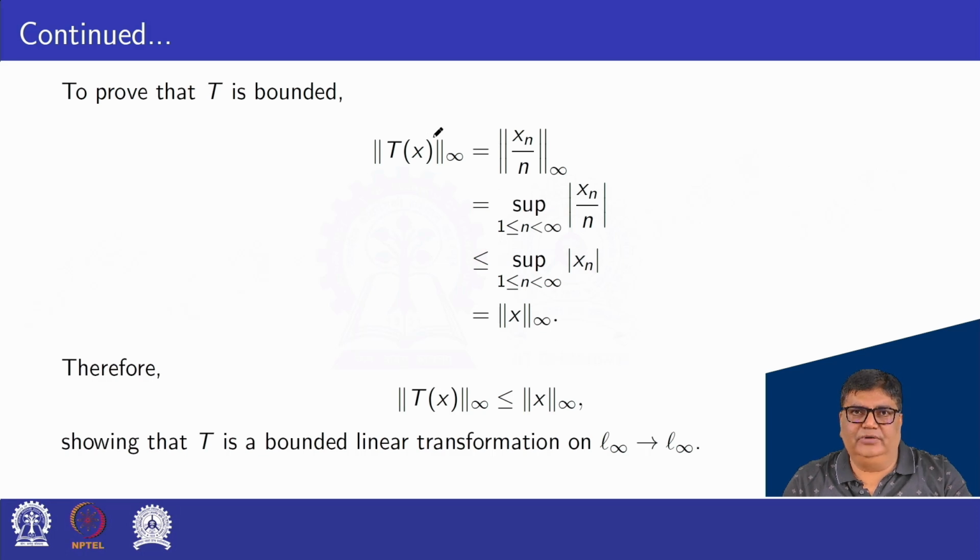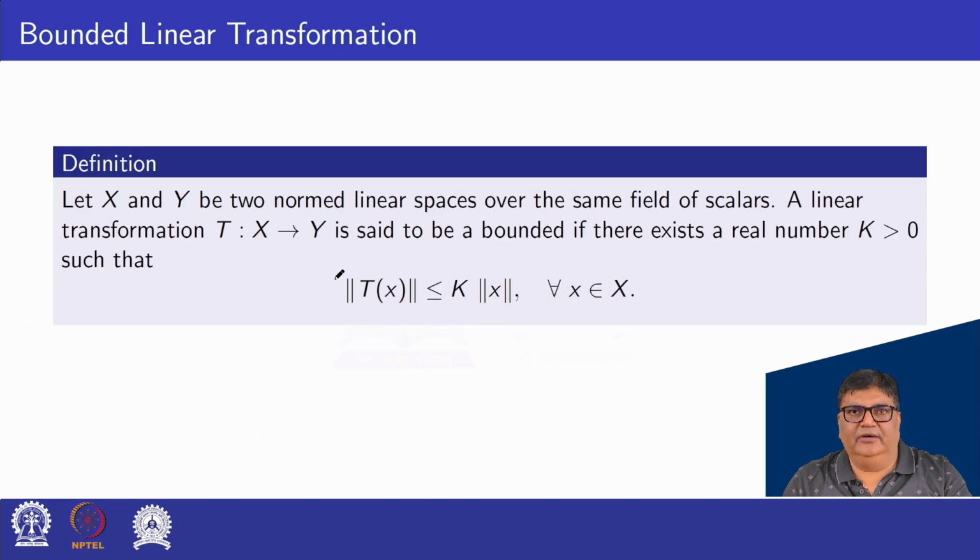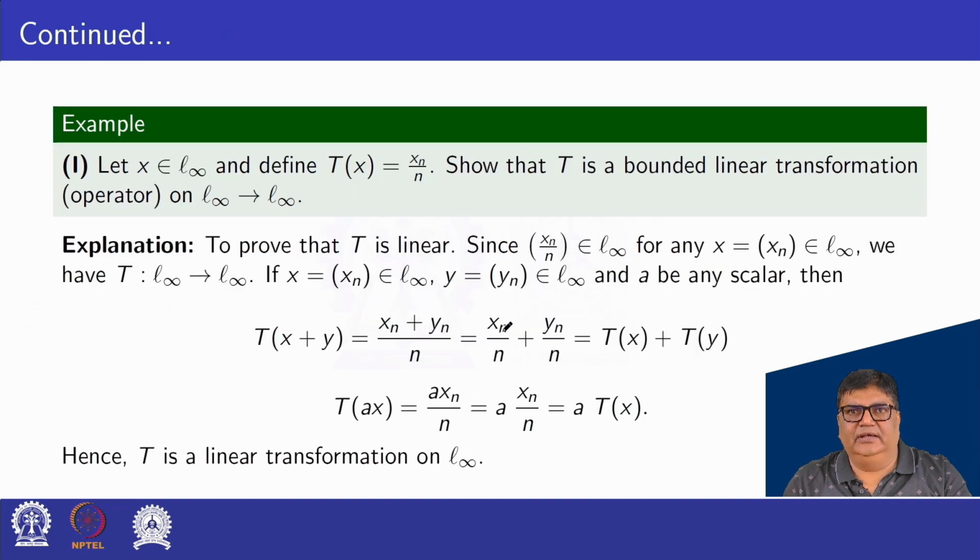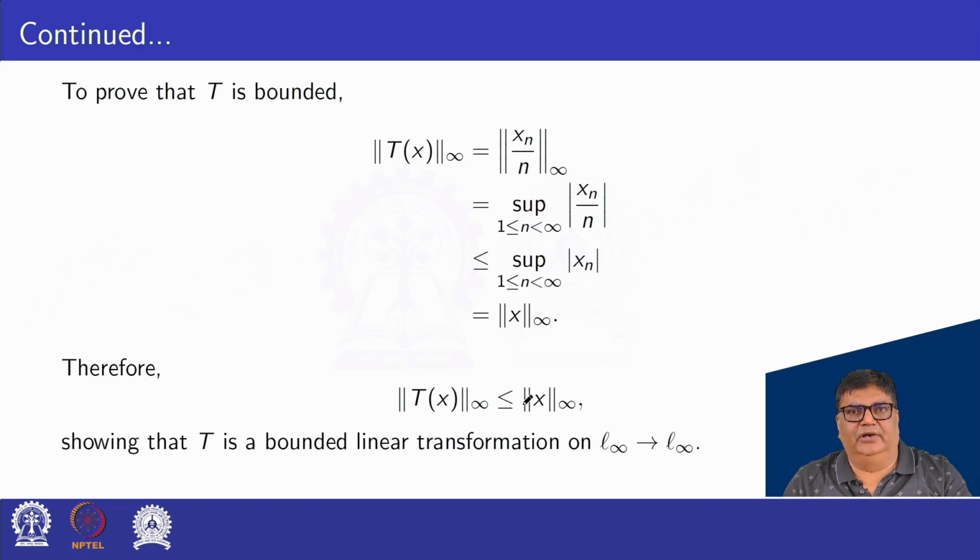So norm Tx is less than or equal to norm x. So it satisfies the condition of a bounded linear transformation, where here K is 1. This shows that T is a bounded linear transformation on L infinity.